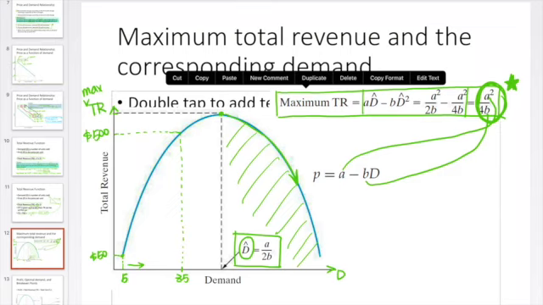One reason for that is, think about it. If you sell more, do you remember the relationship between the price and demand? Selling more means one possibility is you sell it cheaper, right? That's when you have more demand.